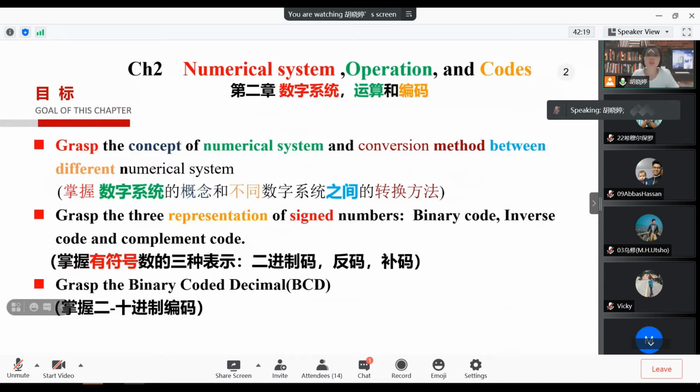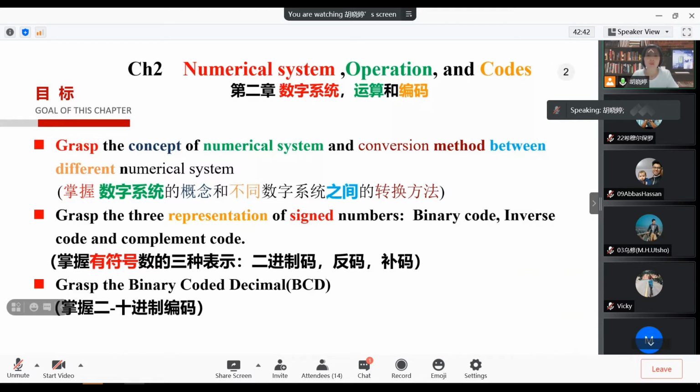Okay, chapter 2 is the basic knowledge point for this course. It is about numerical systems, operations, and some codes. The first part is very, very important.